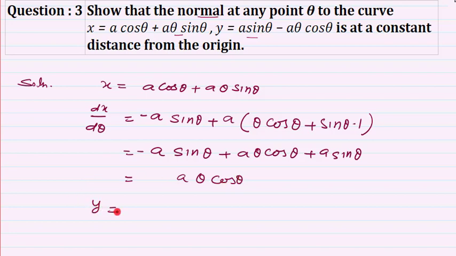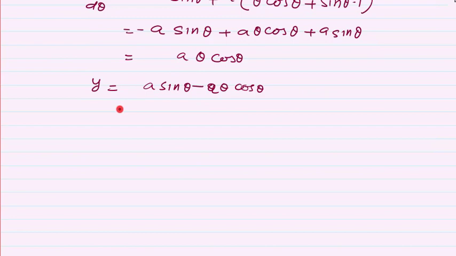Now y is given to us as a sin theta minus a theta cos theta. So let us calculate dy upon d theta from here. Dy upon d theta is a cos theta minus, a is constant and remains outside.